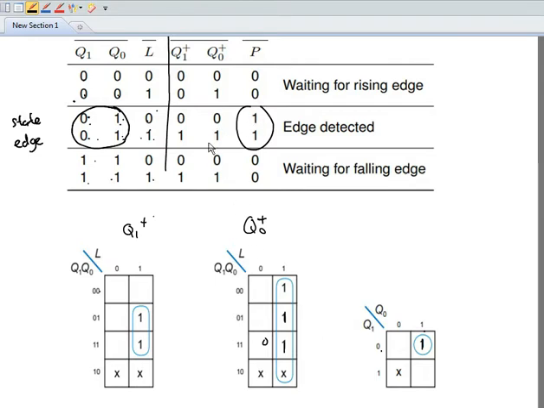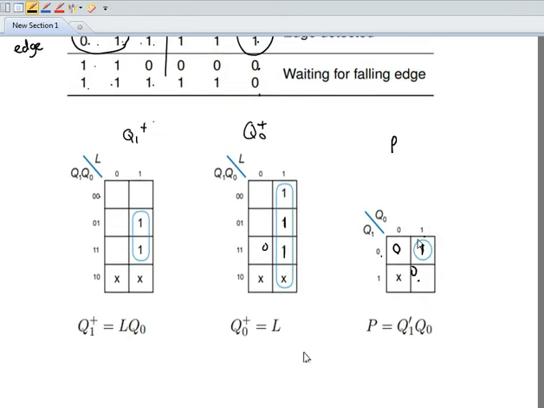And you don't care about anything else, right? So put here 1, and then the rest are all 0, right? 0, 0, 0, 0. So 0, 0, X. And this is how you write the equation. So this is going to be Q0, and this one is Q1 bar Q0. Okay.